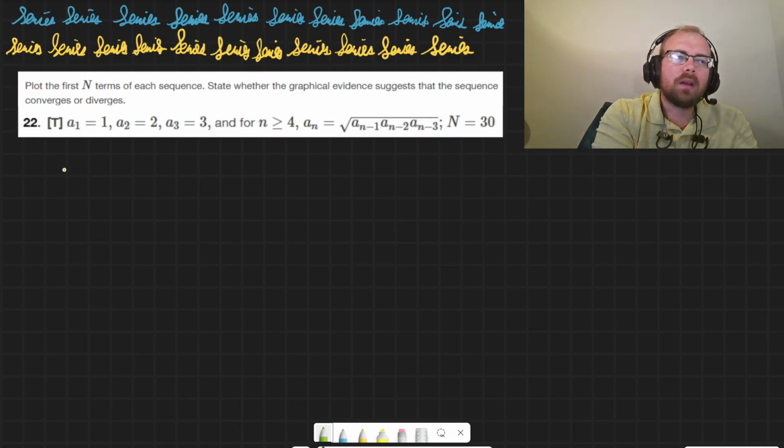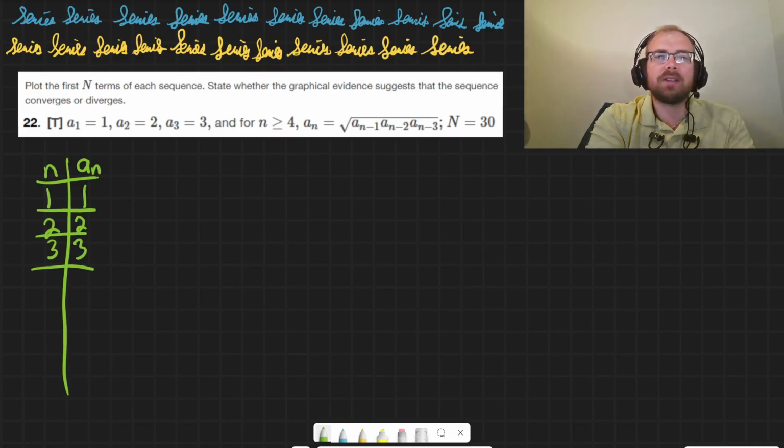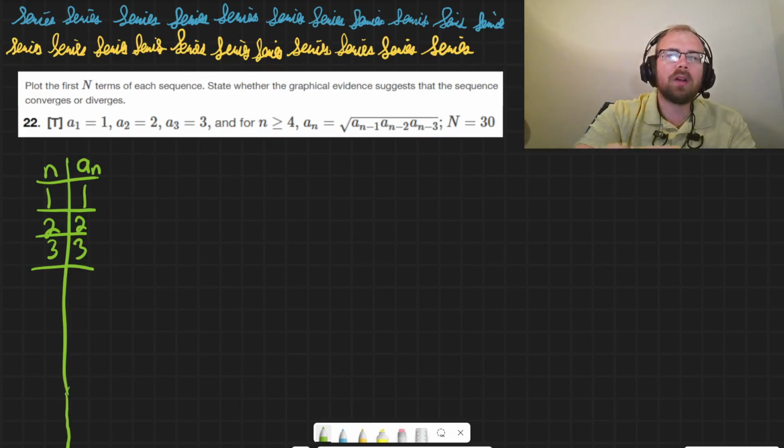So we're going to look at a couple different values. We'll start at n equals 1, which is 1, and then n equals 2, which is 2, and then n equals 3, which is 3. From there, we just have to do the math. I'll probably just stick with one column because I have a feeling it'll get complicated as we go.